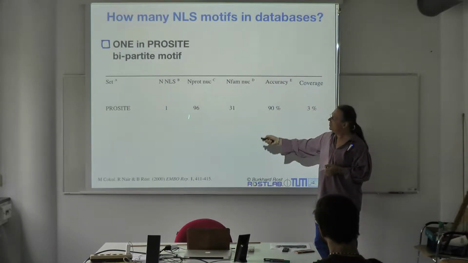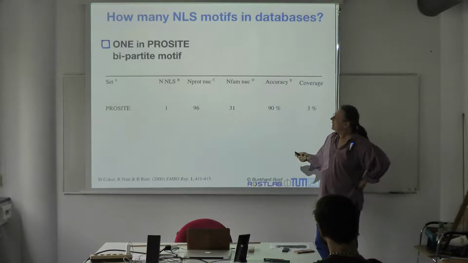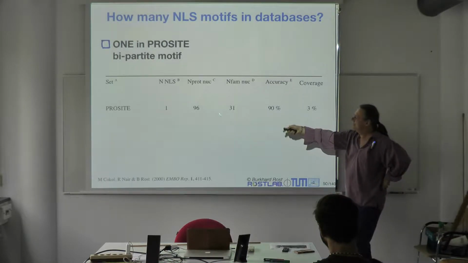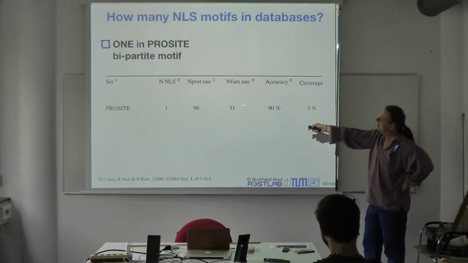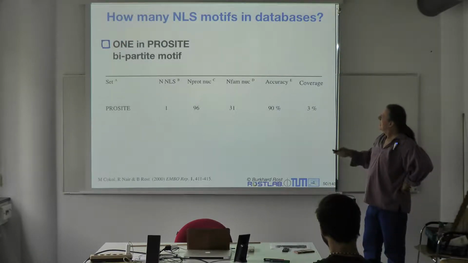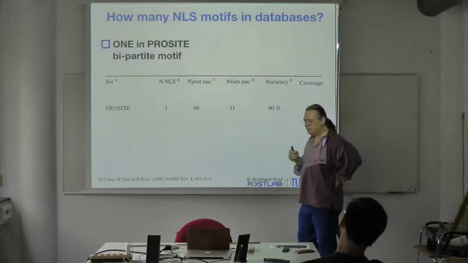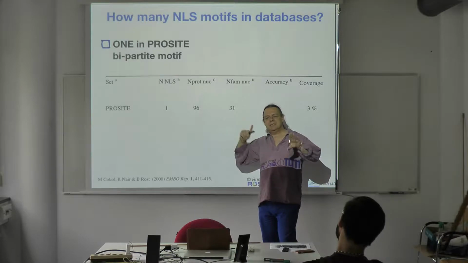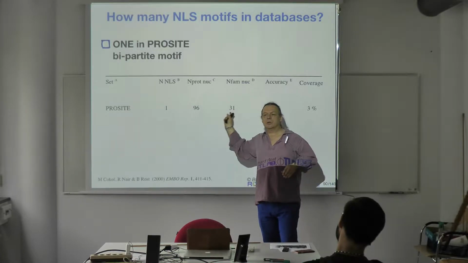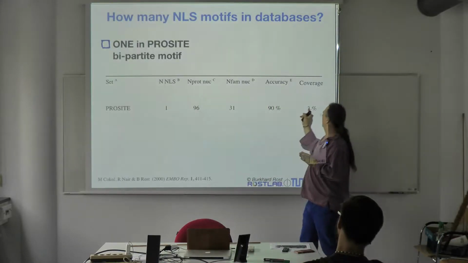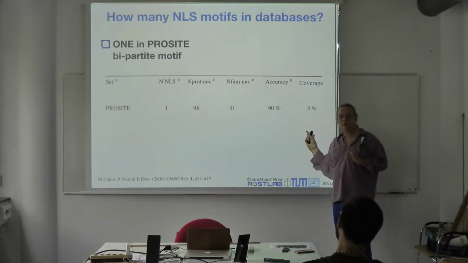In this, there was one nuclear localization signal, one motif, that matched in 96 proteins, and 30 of these represent roughly 30 families. They had an accuracy of 90%, meaning that in 10% of the proteins in which they matched, the proteins were not nuclear, or were known not to be nuclear at the time. And of all the proteins that were known to be nuclear at the time, they matched in 3%.